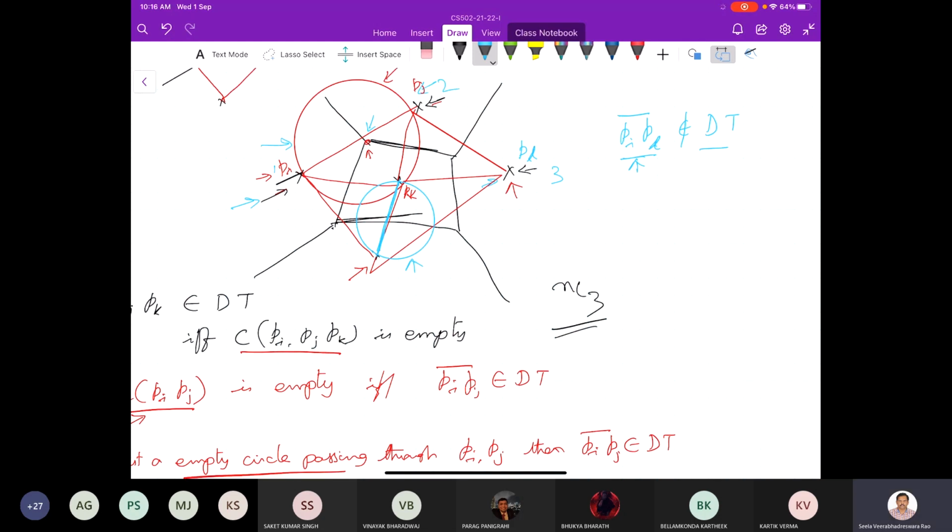See, for example, you take this edge, and if you take any circle passing through these 2, say this is the circle, and this is PI and PL. Suppose there exists another point here.